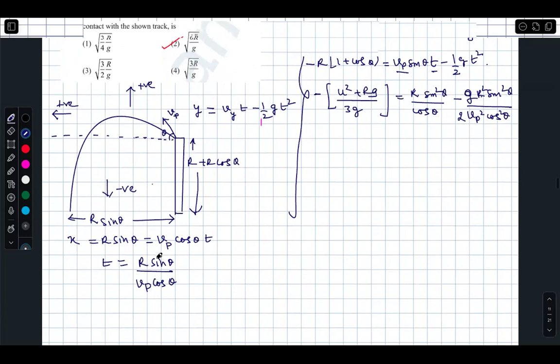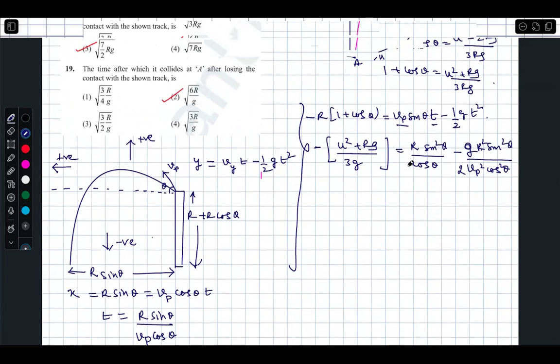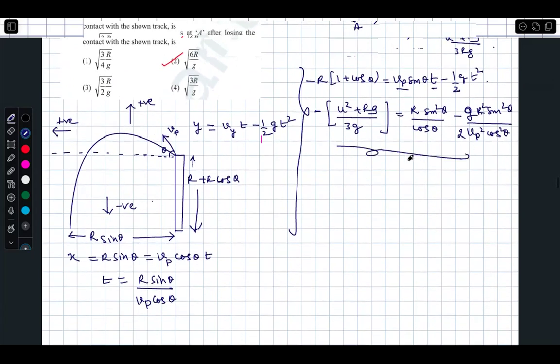The moment you get Vp, you will get t. So the entire question, the major part for you is solving this equation. Just by solving all these things, you will get the u value. Lengthy portion.